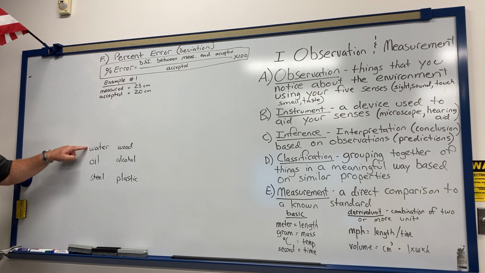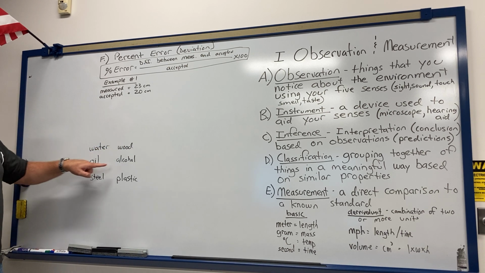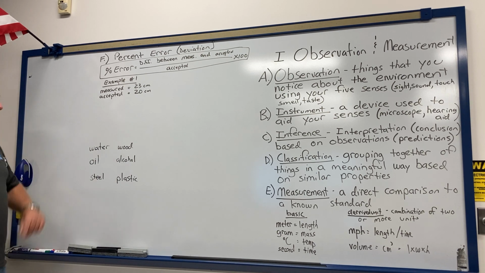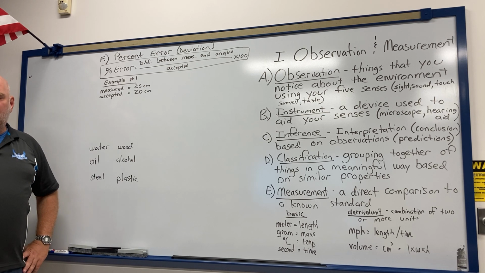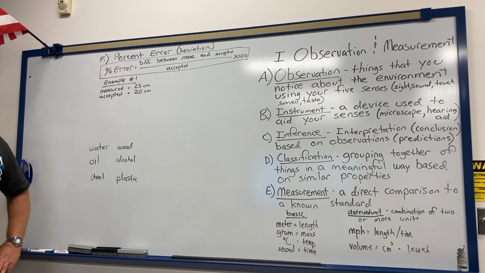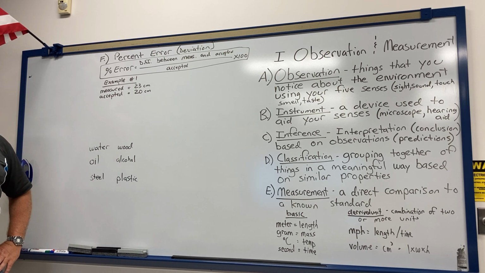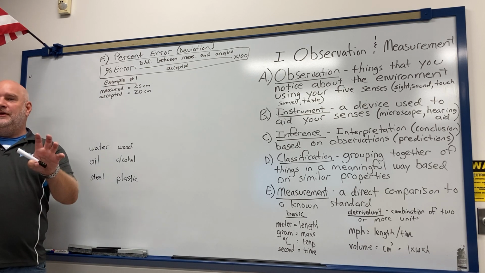I got water, wood, oil, alcohol, steel, and plastic. All right. Now, those are 6 materials that you should be somewhat familiar with. Now, I'm kind of visualizing those materials in my head right now, and I'm going to classify them and put them into 2 groups.